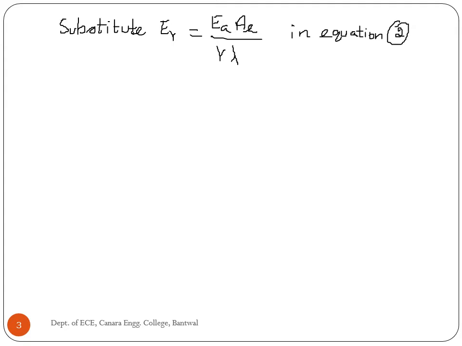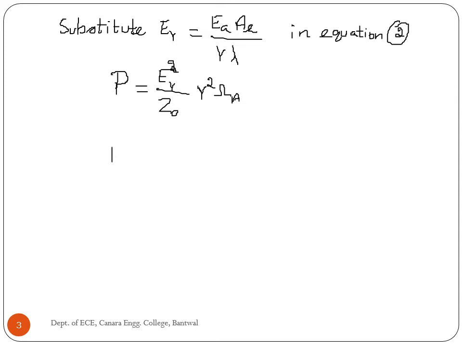So what is equation 2? The radiated power in the far field at a distance R is ER square divided by Z naught into R square beam area.